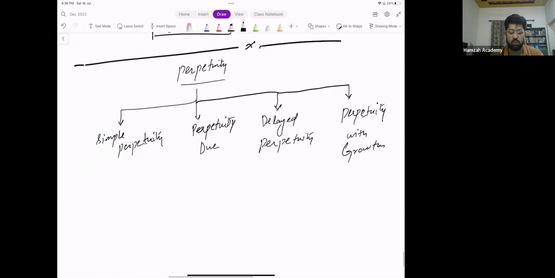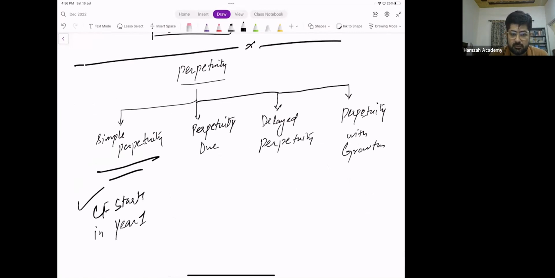So, simple perpetuity, we have talked about that, where cash flow starts in year 1 or next year.